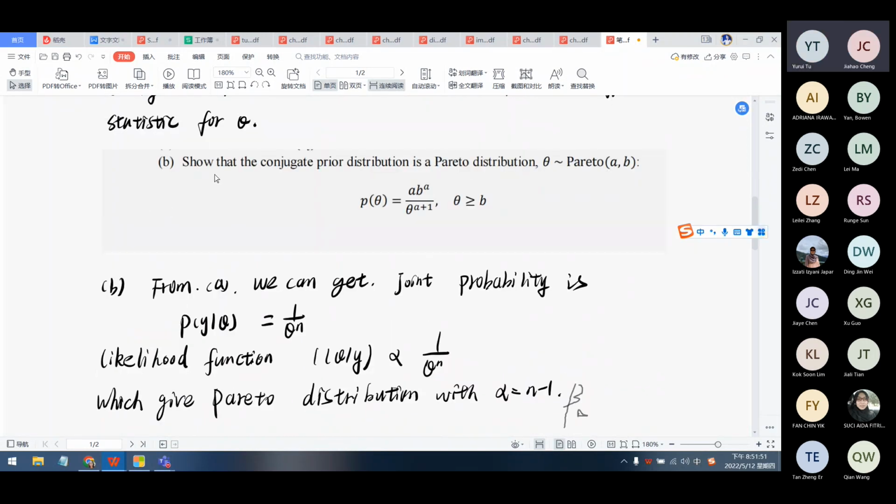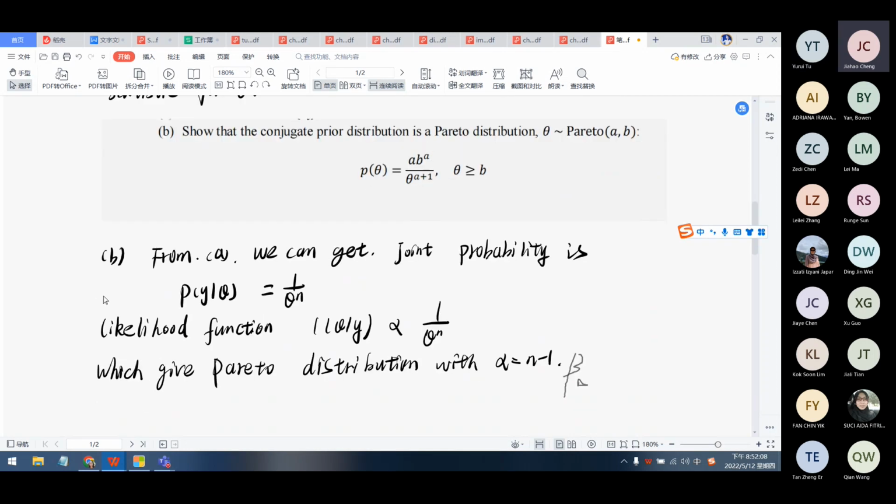You can see that this shows the conjugate prior distribution is a Pareto distribution, where theta follows a Pareto(a, b) distribution. This is the prior for theta equal to this. From A, we can get the joint probability as this function.